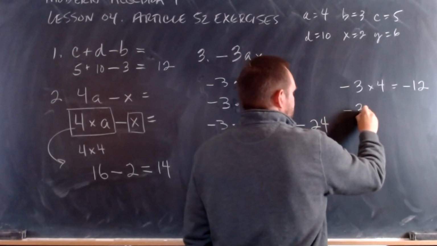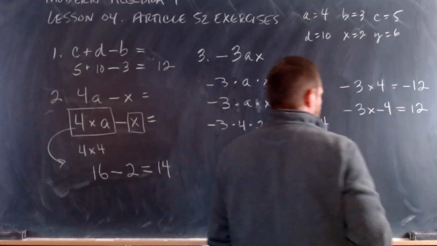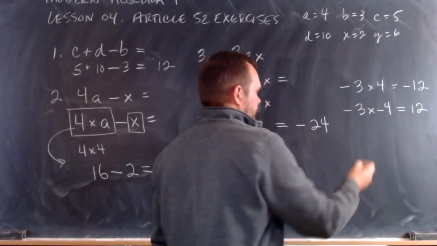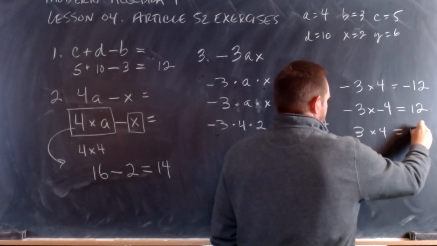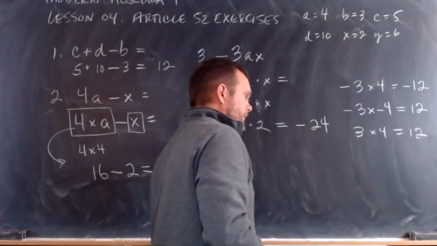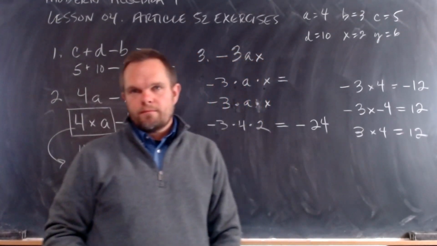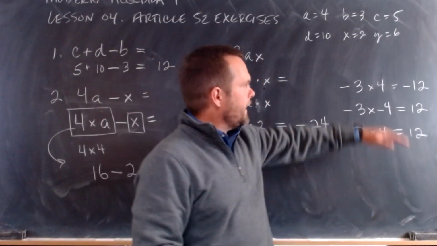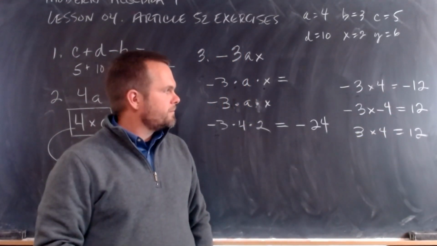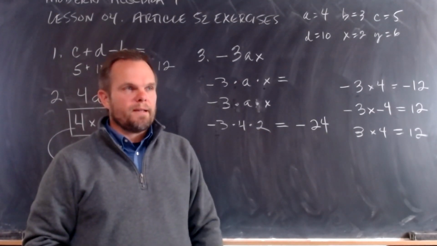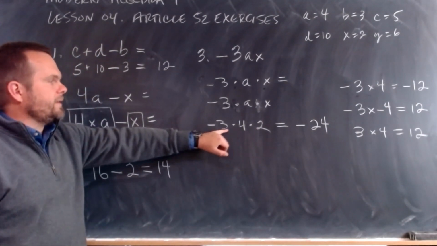Negative 3 times negative 4 equals a positive product. And of course, 3 times 4, 2 positives, equal a positive. That's all you need to know about multiplying negatives. A negative times a positive makes a negative product. You see that? All other products are positive. Okay, so here we had negative 3 times 4.